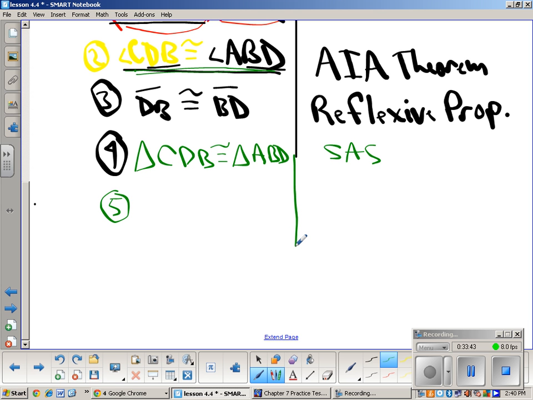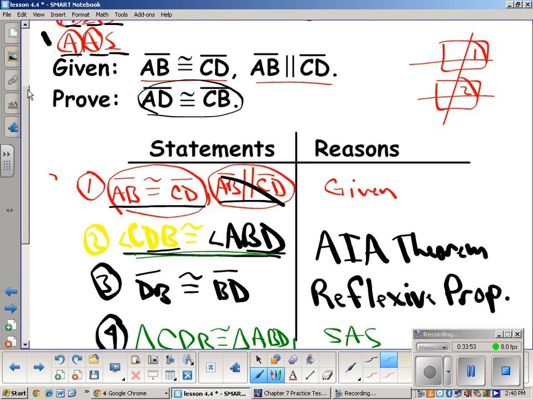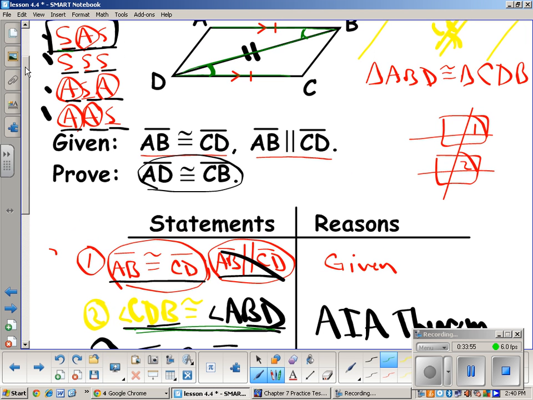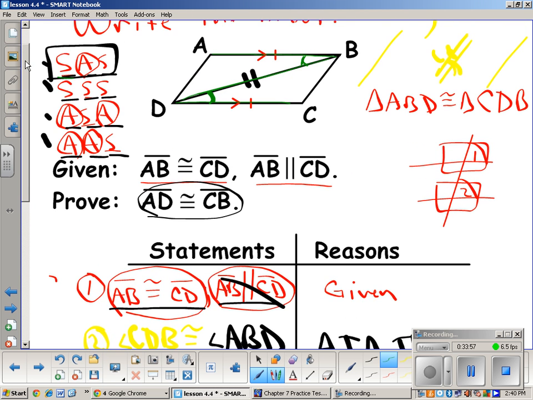Now that I know these triangles are congruent, I know all corresponding parts are congruent. So I can go back to where I erased my question marks. Are those corresponding sides? Yes, they are.